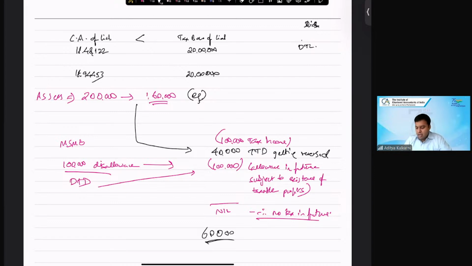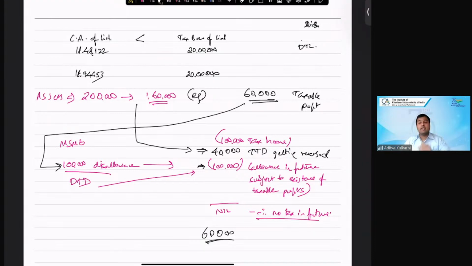If I have 40,000 taxable temporary difference and 1 lakh deductible temporary difference, I should be able to demonstrate that in the future I should be generating at least 60,000 worth of taxable profit for me to justify creation of a DTA in respect of 1 lakh worth of deductible temporary difference. Did you follow?